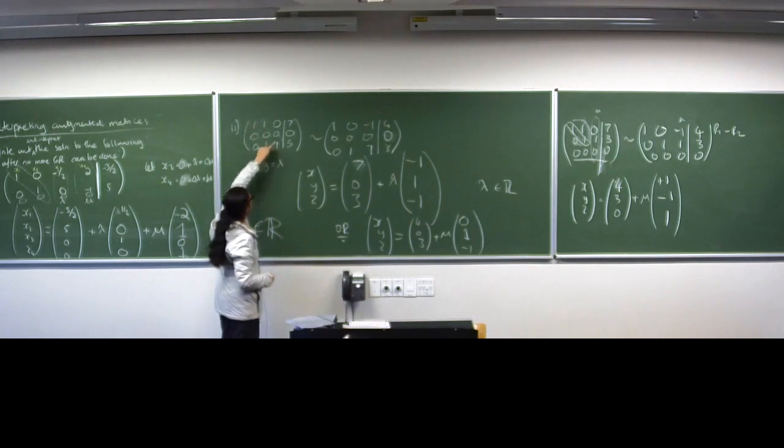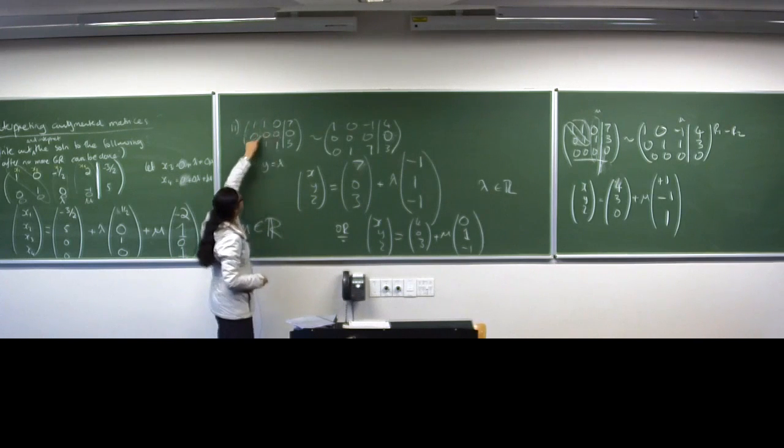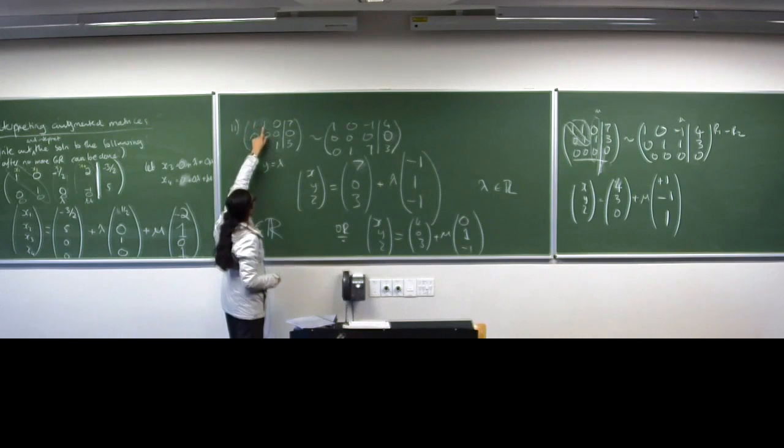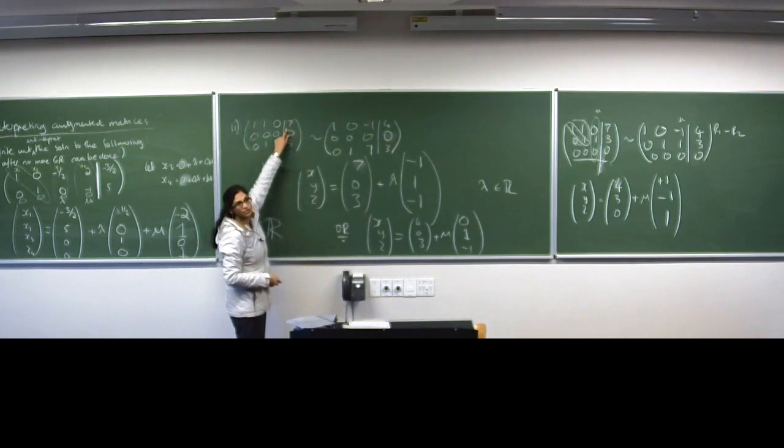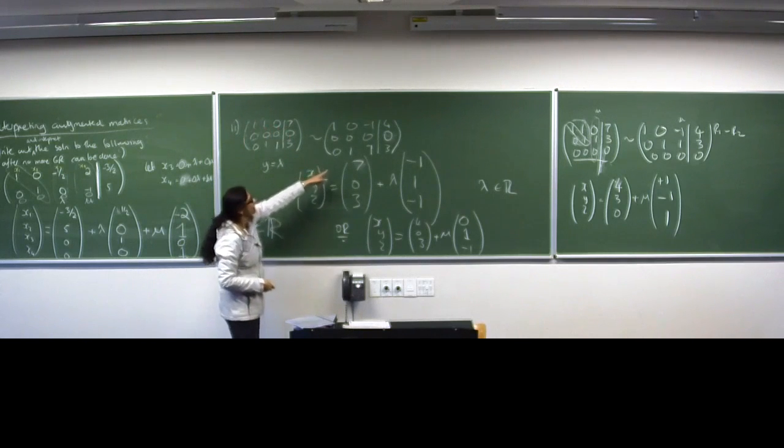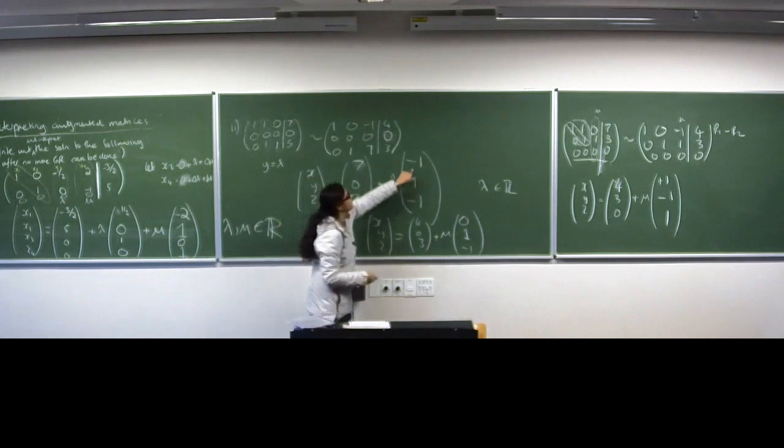As long as I've got my variable row and decided which one is my variable row, and then I let that be. So here we're saying x plus lambda is equal to 7. So then we take that lambda over to that side, and so it's 7 minus lambda.